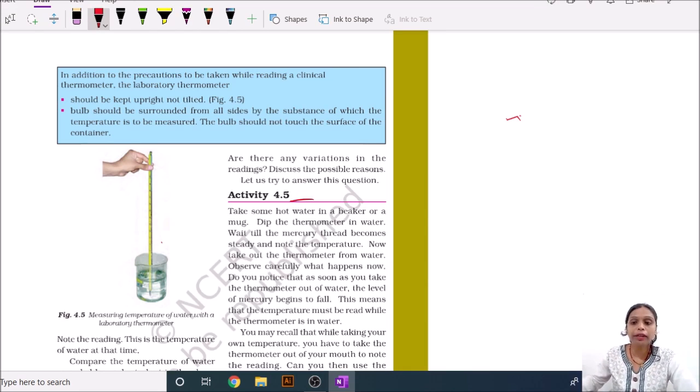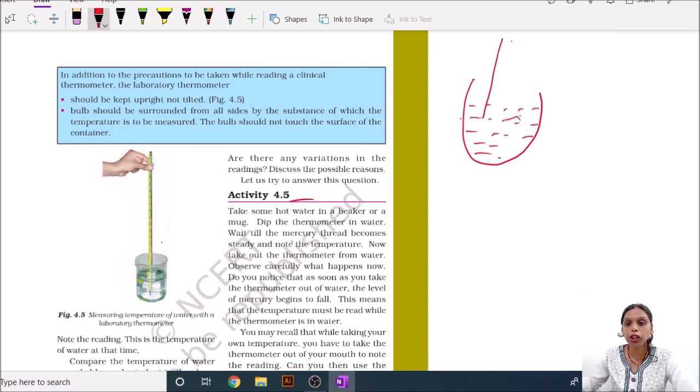In this activity you take a beaker and put one third of warm water in this beaker, and put a thermometer in it. Hold it for 2 or 3 minutes, and after that at a glance you take the thermometer out of the water, and you will see that the mercury present in the thermometer suddenly falls.